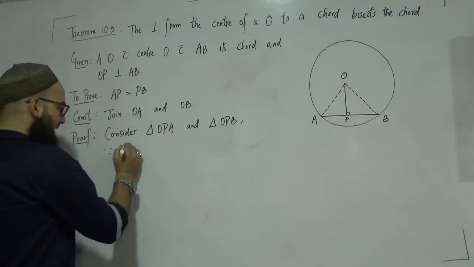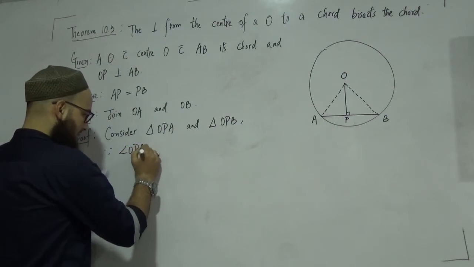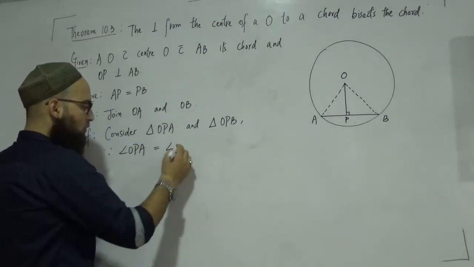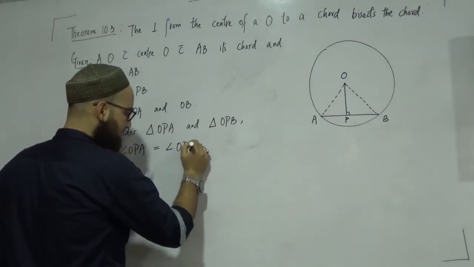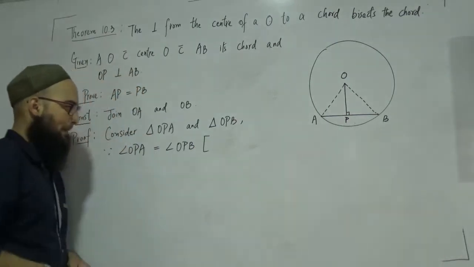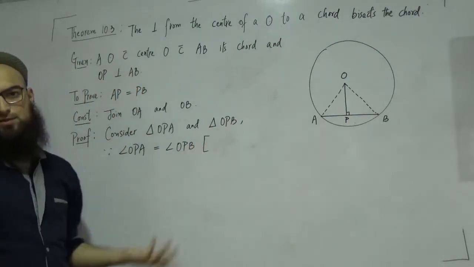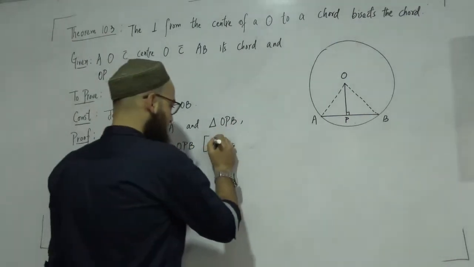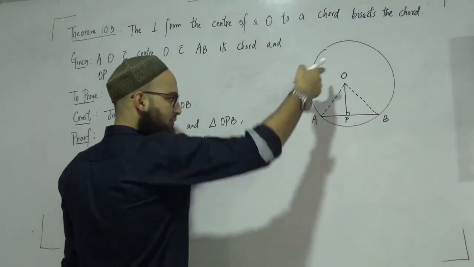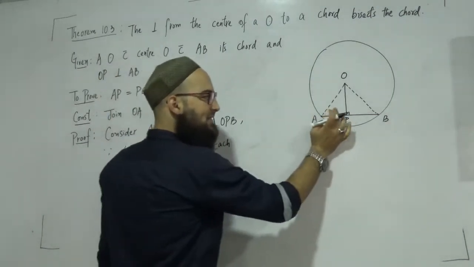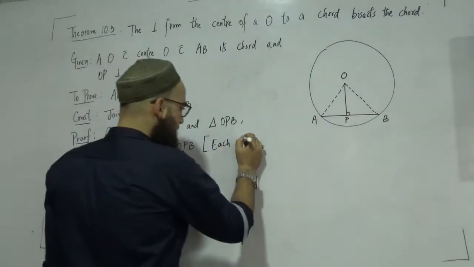Since angle OPA is equal to angle OPB, we know that they are both 90 degrees, each 90 degrees, because if OP is perpendicular to AB, that means this angle is equal to this angle, each 90 degrees.